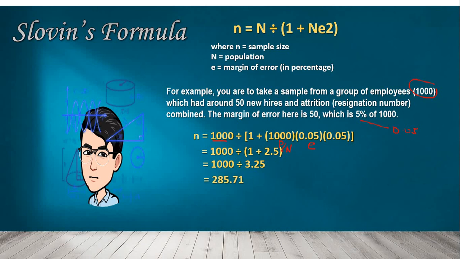So 1,000 divided by 3.5, ang answer ay 285.75. And then, kailangan natin siyang i-round off para mas maging valid siya. So, meron tayong 286. So, ang kukunin nating sample doon sa employees na 1,000.